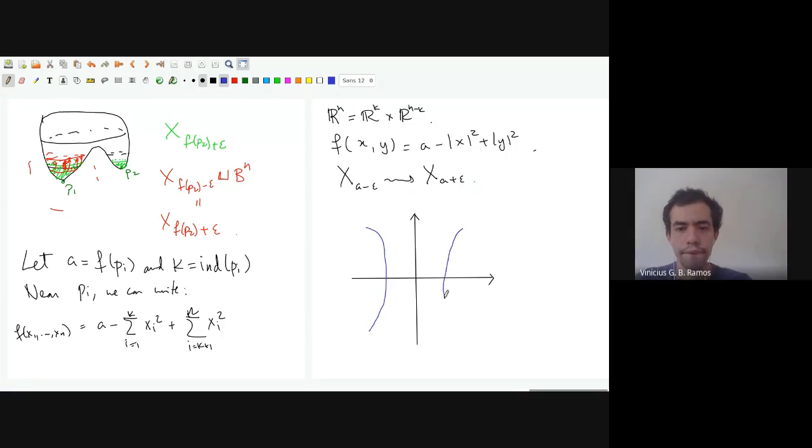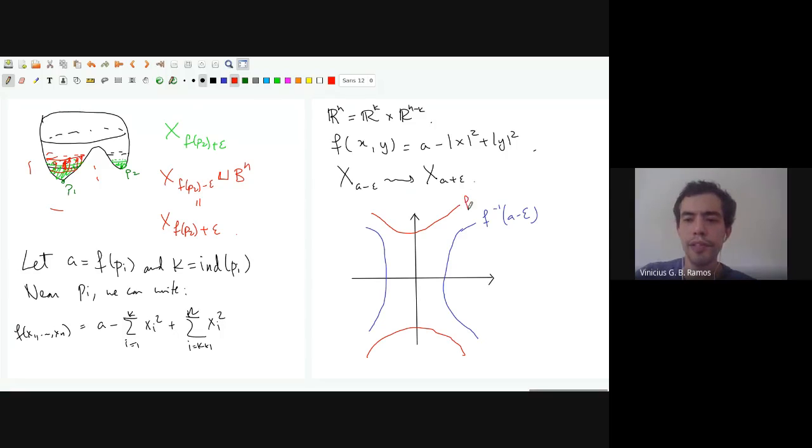It's supposed to be a hyperbola. I'm sorry for my picture, but this is supposed to correspond to the pre-image of a minus epsilon. And this is another hyperbola, which is supposed to correspond to the pre-image of a plus epsilon. And then now I'm going to take my Morse chart.